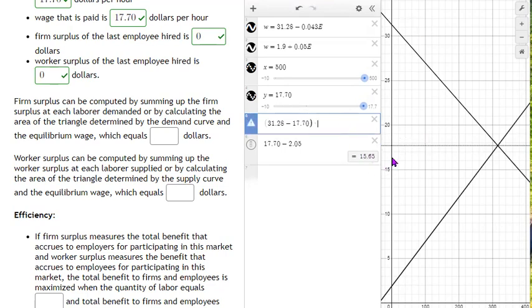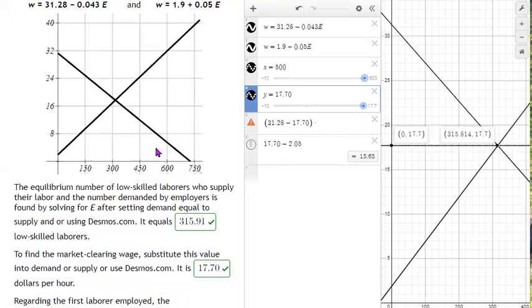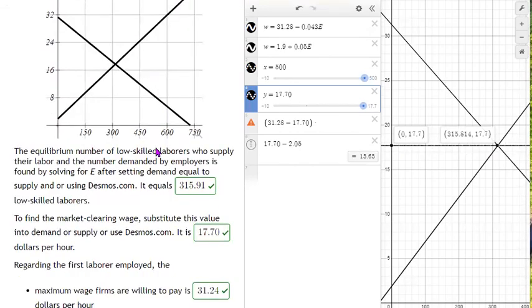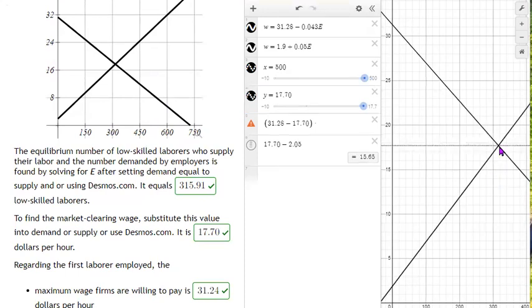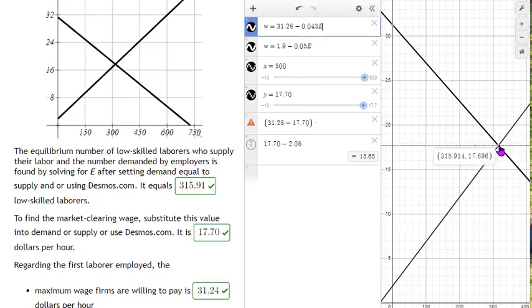We're going to multiply it by the width of the triangle. So we start out at 0 and we end up out at 315.91.